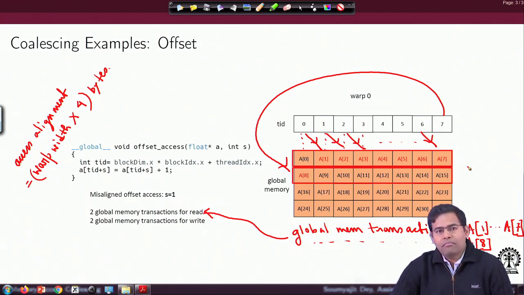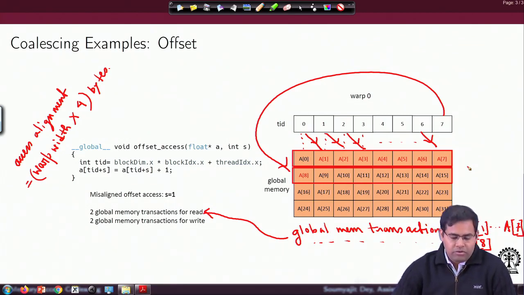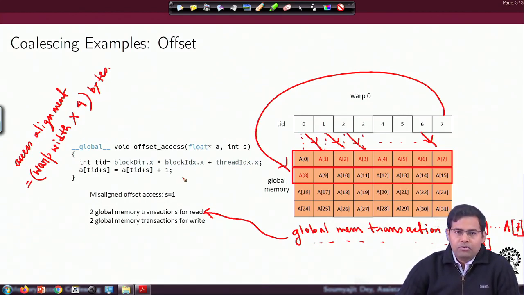Earlier, for executing this line of code, every warp was spending 2 global memory accesses, but now instead of 2 they are spending 4 global memory accesses. So immediately you have a lot of slowdown in the execution time of each of the warps.